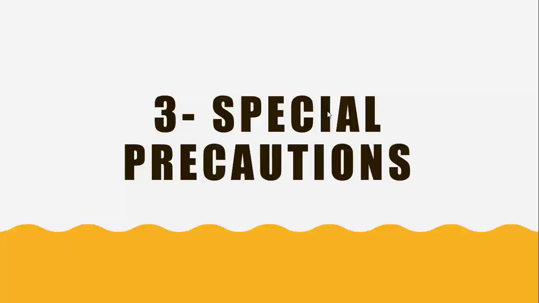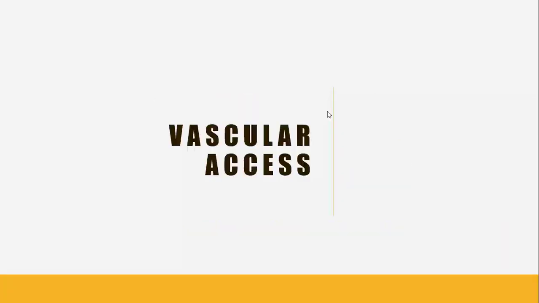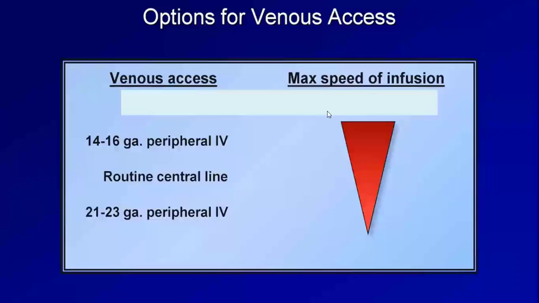Let's pass to the last 2 slides of the lecture, special precautions. We should know that we have different vascular access routes we infuse the IV fluids through, and multiple sizes of cannulas and central venous lines.